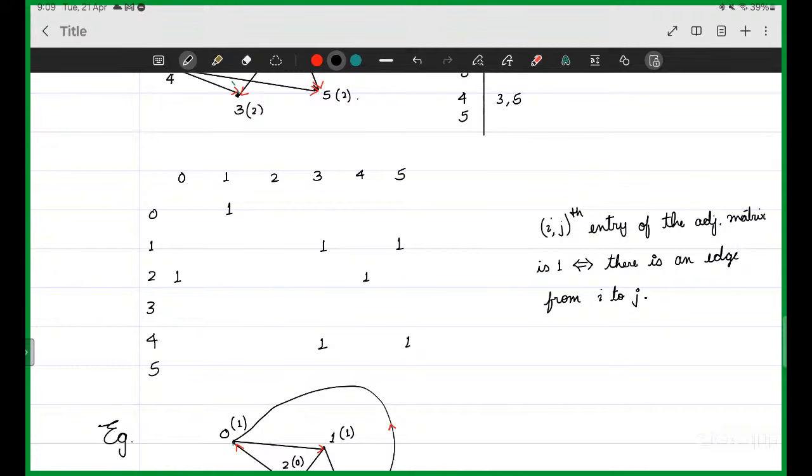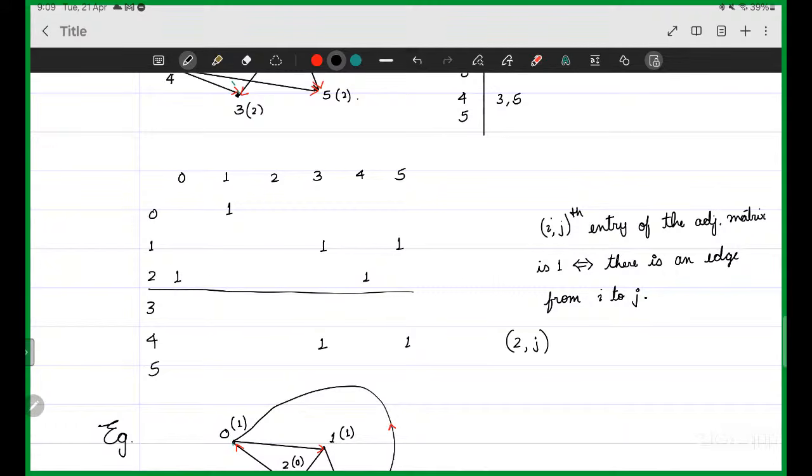So this is important. If I look at all these entries, for example, I focus on a row. What are the coordinates of the entries in this row? They are of the form 2, j, right? Yes, sir. This is 2, 0, this is 2, 1, 2, 2, 2, 3, 2, 4, 2, 5.